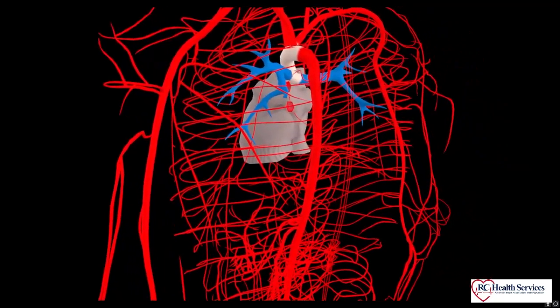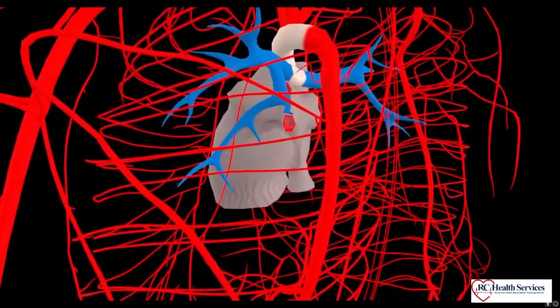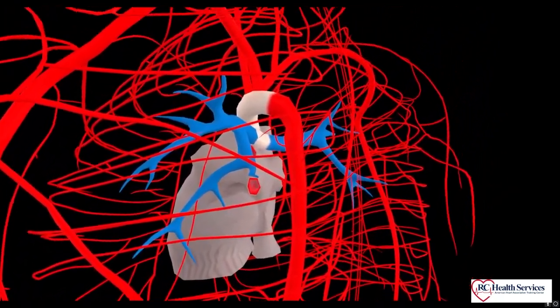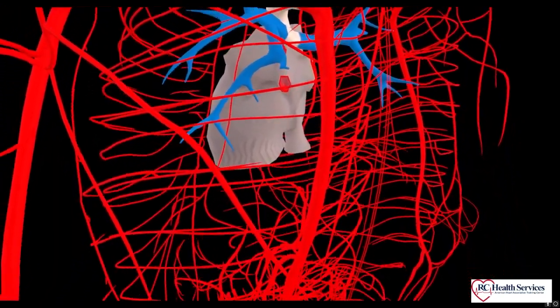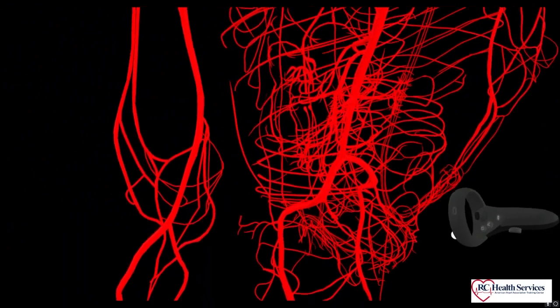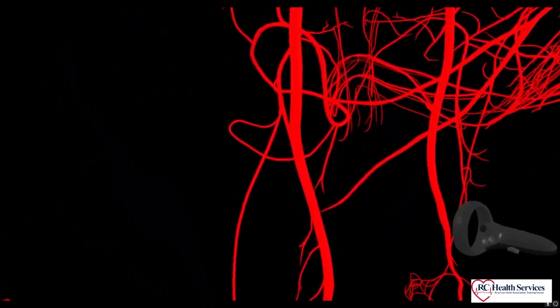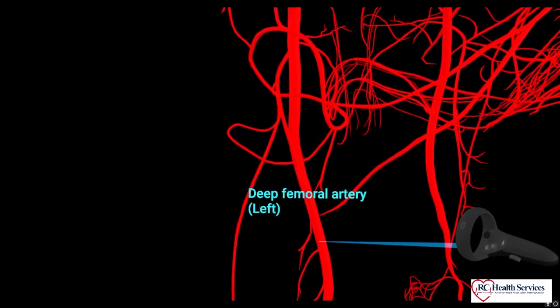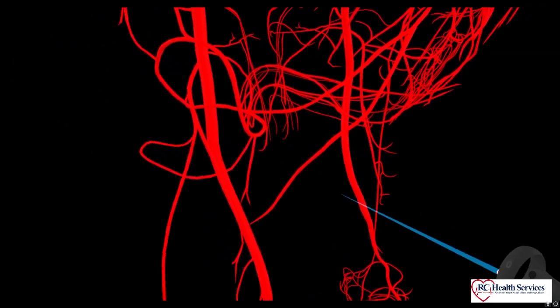The aorta is going to turn into larger arteries, like the femoral arteries down in your legs.